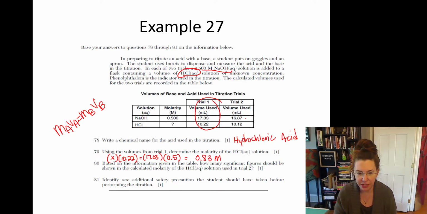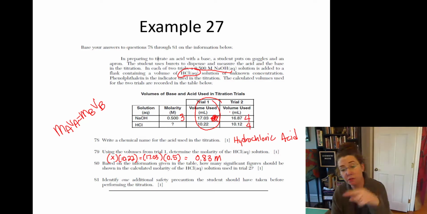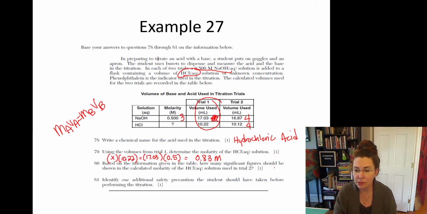How many sig figs can we use? Well, my friends, we can use 3. Why can we use 3? Because the rule is lowest number of sig figs, and this has 3 sig figs, this has, whoops, wrong trial, this has 4, this has 4, 3 is smaller than 4, so we can use 3 sig figs.